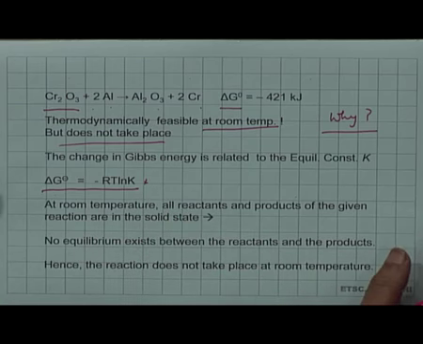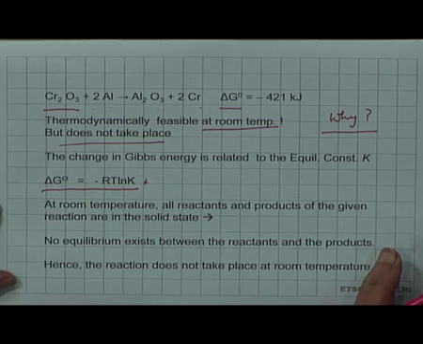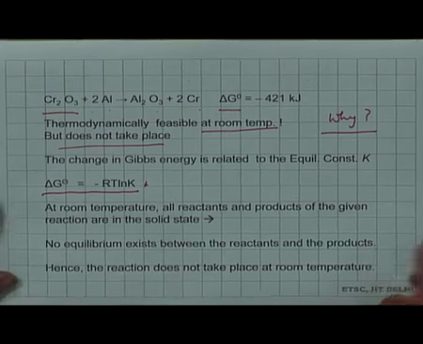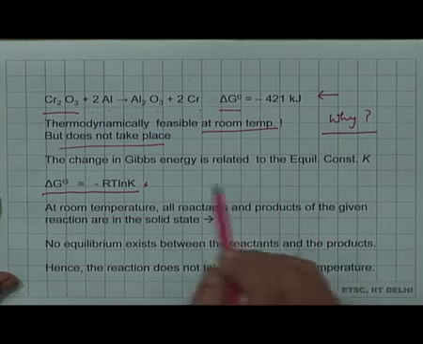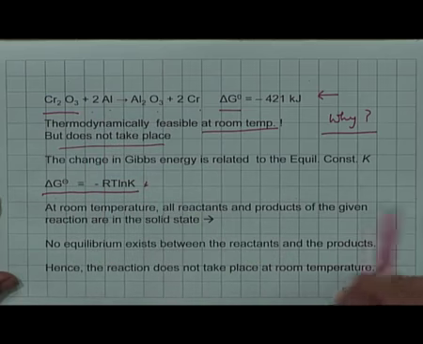For the reaction which has negative delta G0 to happen, it is a must that an equilibrium is set up. Now, if you look at this reaction at the top, you will see that all are in solid state.